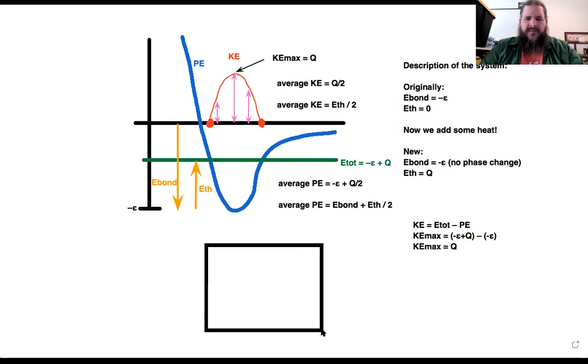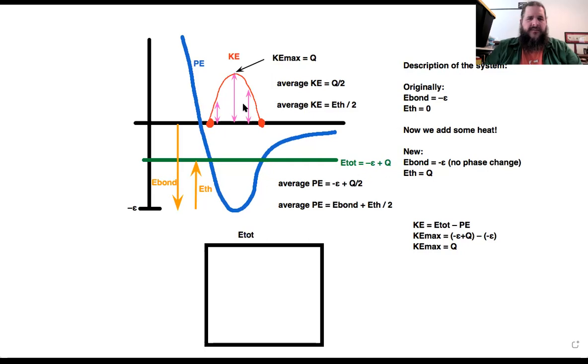If we treat this box as representing the total energy of the whole system, you could think of that energy as split up into the kinetic energy and potential energy of the individual molecules, because the molecules themselves have kinetic energy and potential energy. So let's say we split that up.